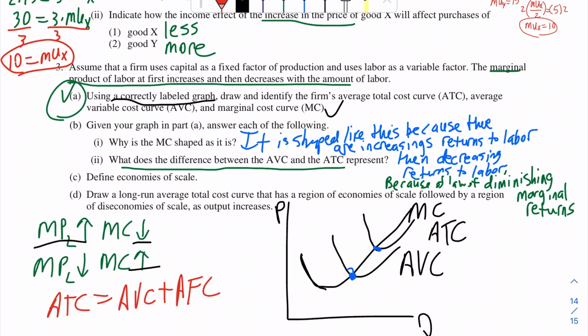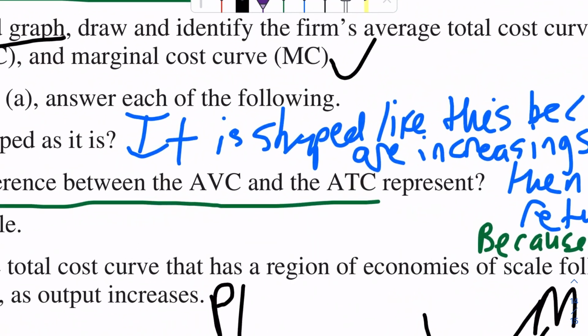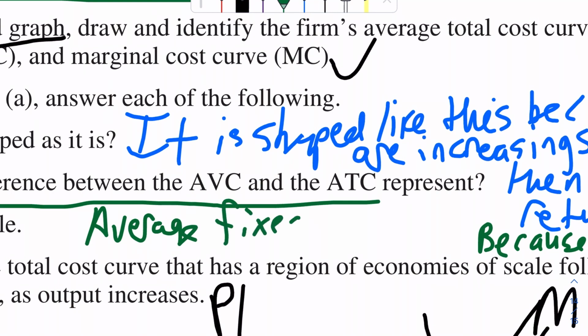So we know your ATC, we know your AVC, so the difference between the two is your average fixed cost. So all you have to say is your average fixed cost.